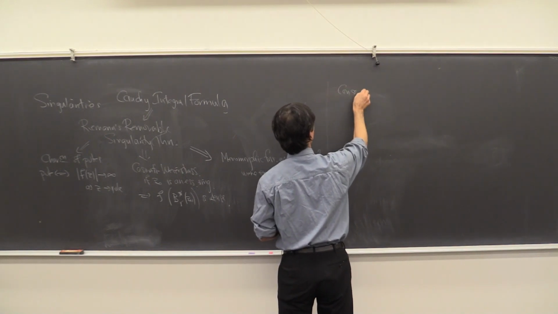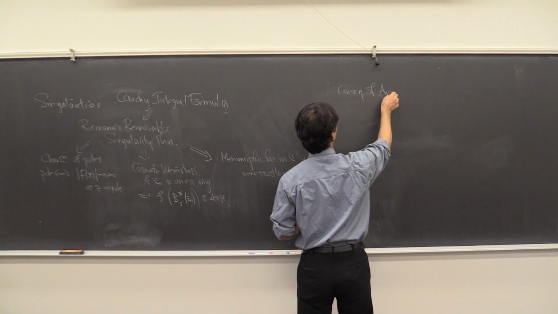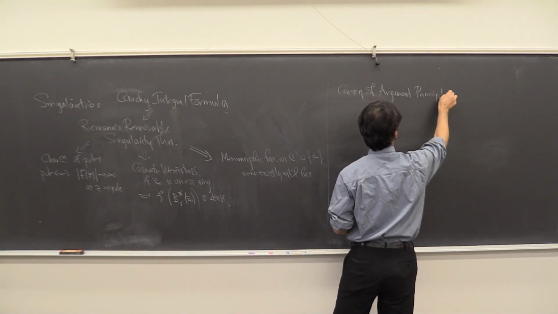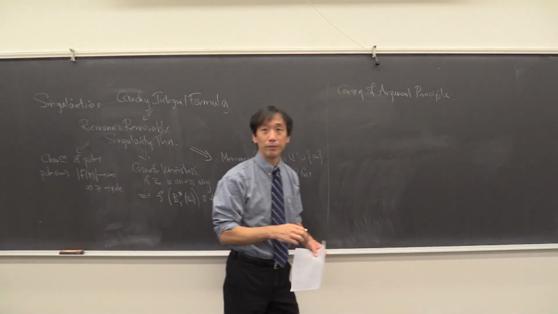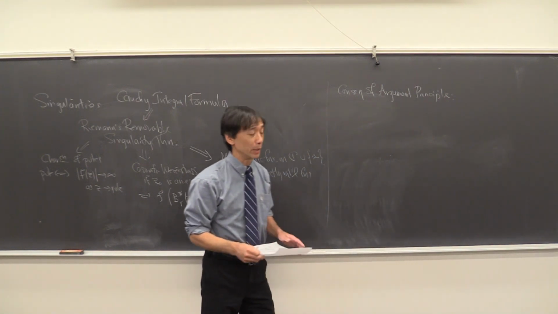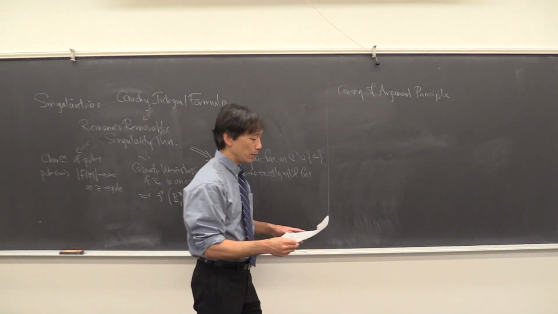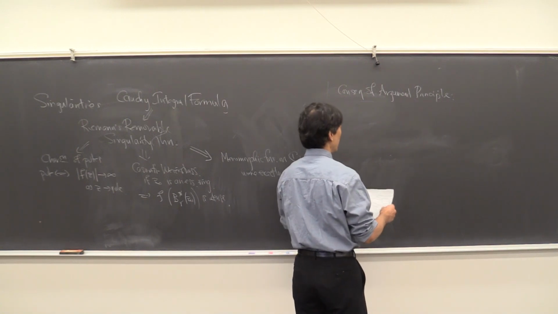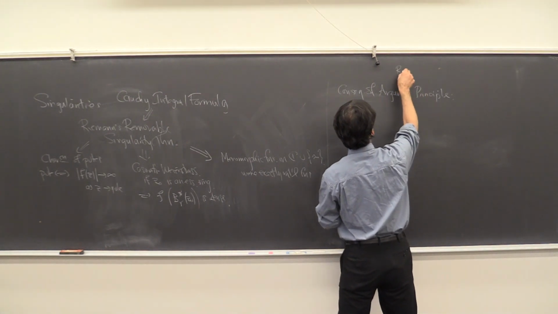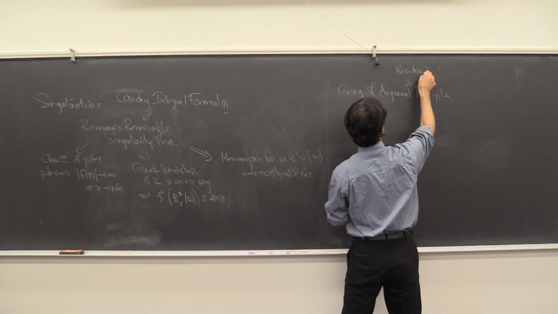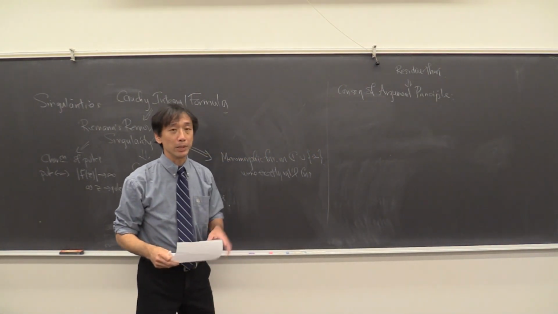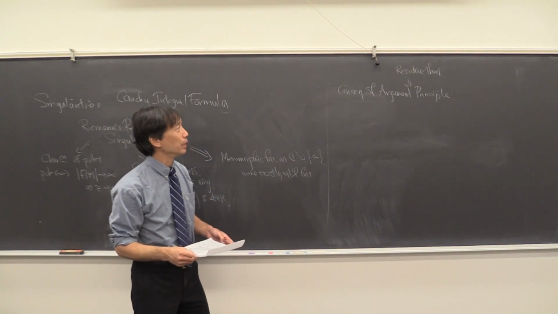And then at that point, we jumped to consequences of the argument principle. There are all sorts of fine properties of holomorphic functions that follow from the argument principle, which we got as a consequence of the residue theorem plus logarithmic differentiation.